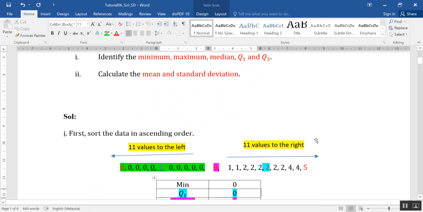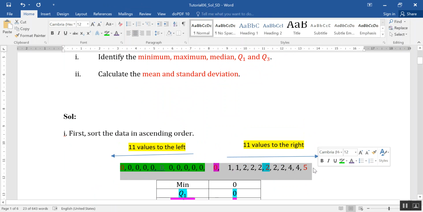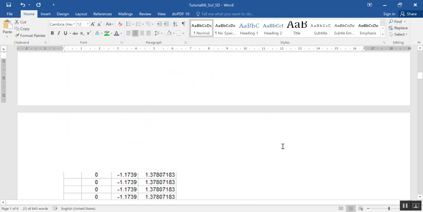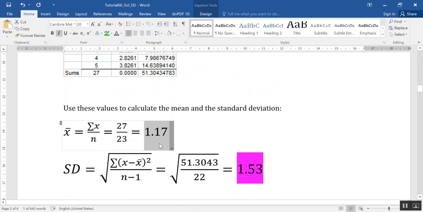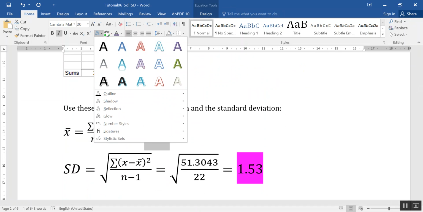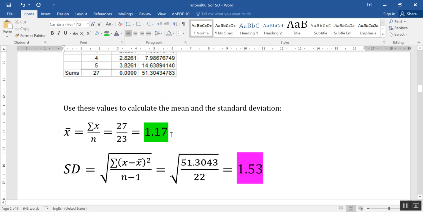Now, the second question: you just have to find the mean. Find the average of the 23 values: sum up all these values and divide by 23. So the answer should be 1.17. That will be your mean. For standard deviation, this is the equation.